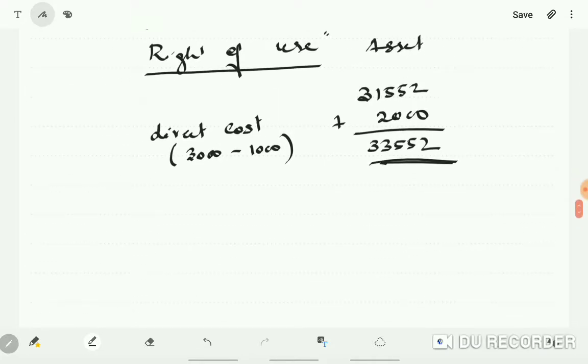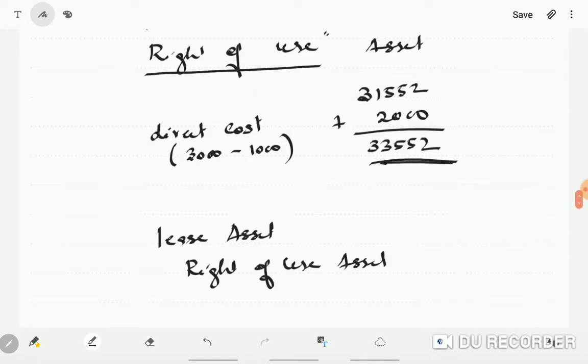So the lessee will be recognizing the lease asset, which we call the right of use asset. This is in the SFP immediately after the lease contract: $33,552.